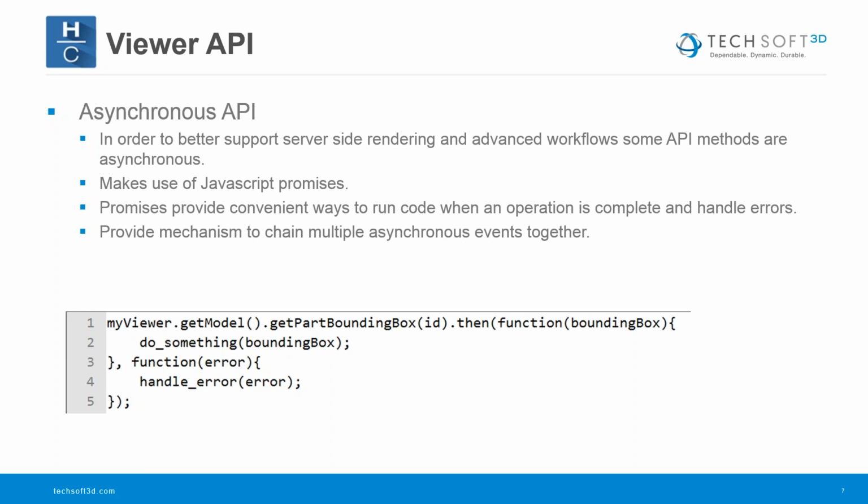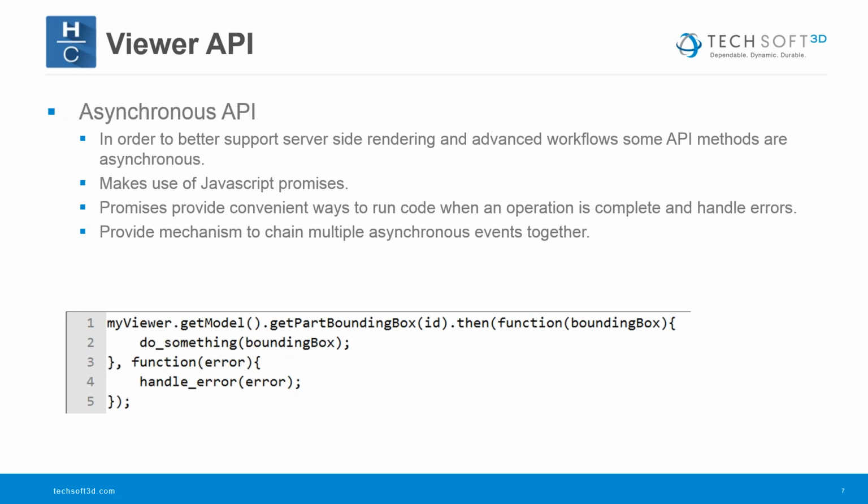The way that works is very similar to the callback architecture, but a little more convenient and easier to use. You basically set a promise on this function, and then the promise returns asynchronously.